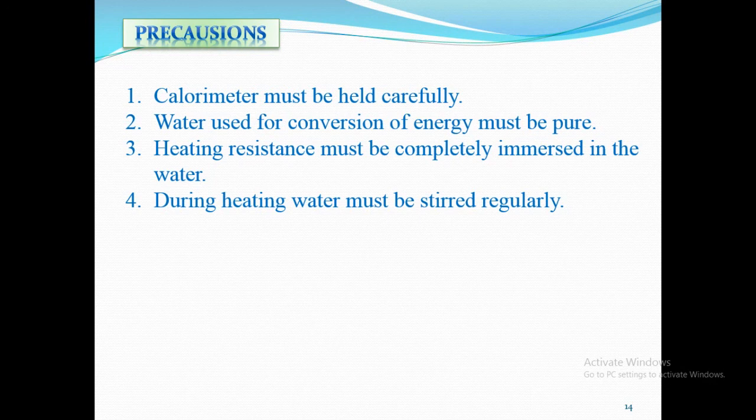Similarly, there might be some mistake in measuring the mass of the water. There might be some connection errors, mistakes in the circuit diagram itself. And another source of error is that you are not stirring water regularly, continuously. These are sources of error, and precautions are written here.